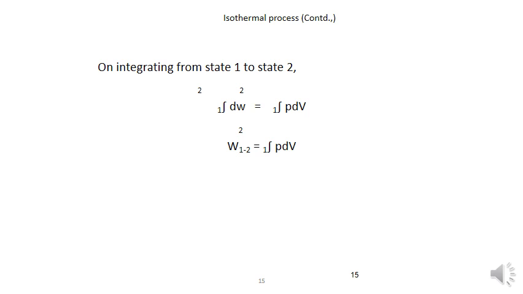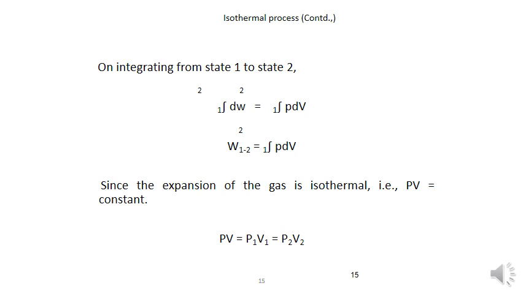On integrating, we get the work done is equal to the integral of P dV. The expansion of the gas is isothermal, so PV is equal to constant. PV is equal to P1 V1, which is equal to P2 V2. I am writing this equation as P is equal to P1 V1 divided by capital V. So we know the values of PV, and we can find the volume or anything.